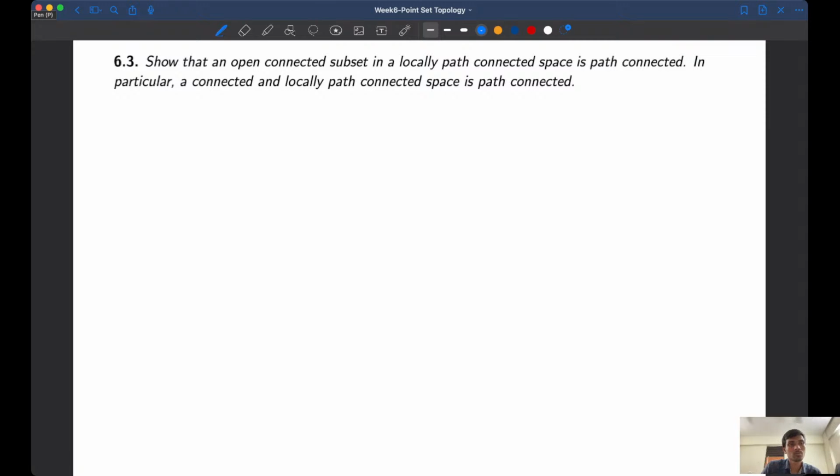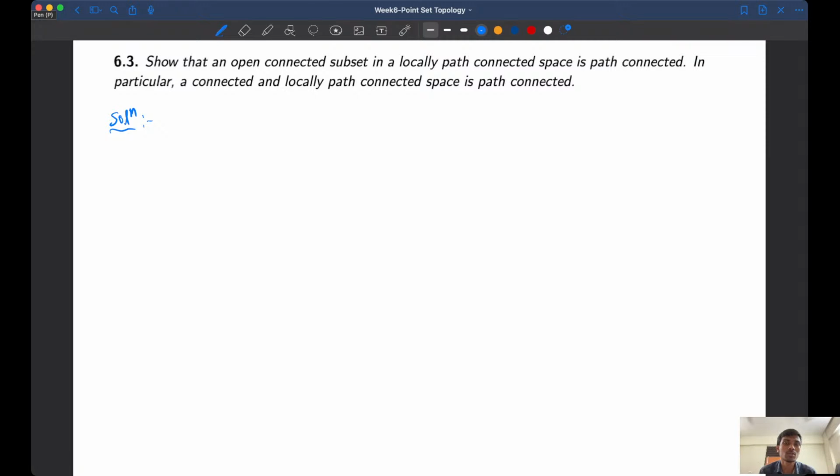The idea is almost similar. You consider the path component, and there you prove that the path component is both open and closed. Usually path components are not closed in a general topological space.